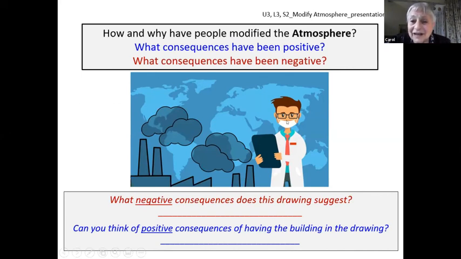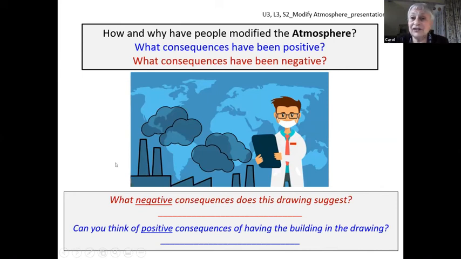I kind of like this picture because this was before COVID. This drawing might suggest that there are some problems with the smoke that's coming out of the industrial smokestacks here, but there can also be positive consequences of having industries.